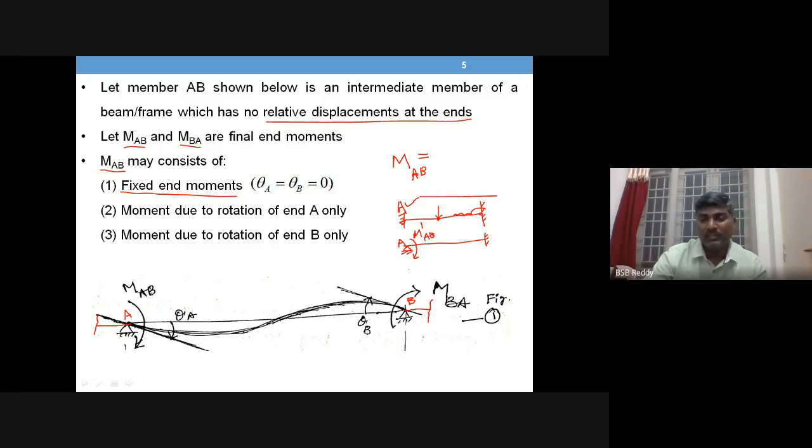Similarly, the rotation of the end B also creates some moment. Because of the B rotation, there will be some moment at A. That is what is called M dash BA.